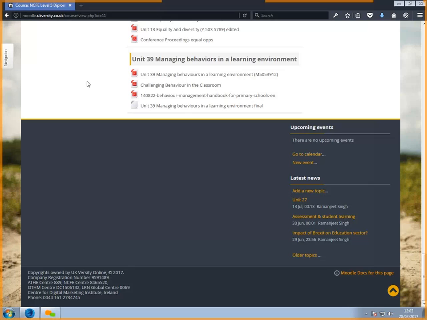Some of the material that's on the VLE I'm going to cover with you this morning, and you'll be able to look at some of that and use that if you need to. But one of the things we'll look at first is the actual unit itself.